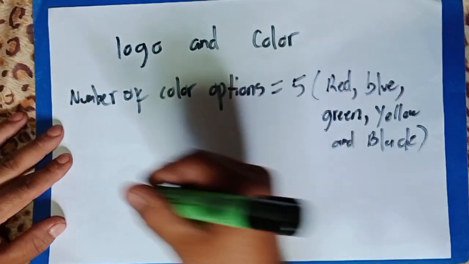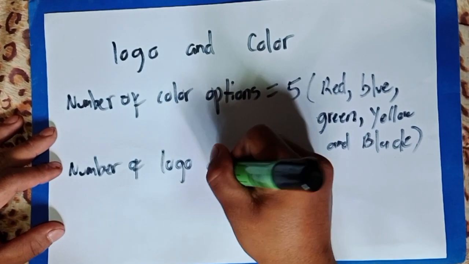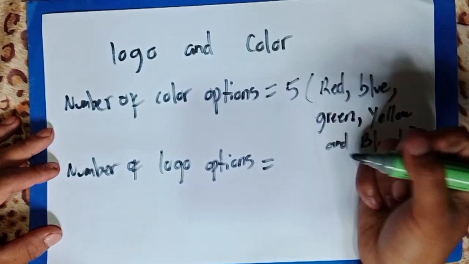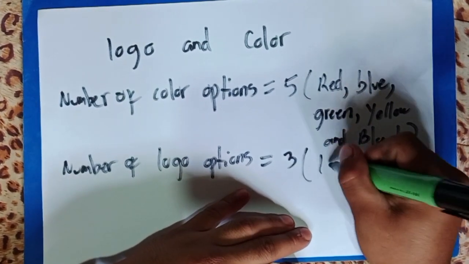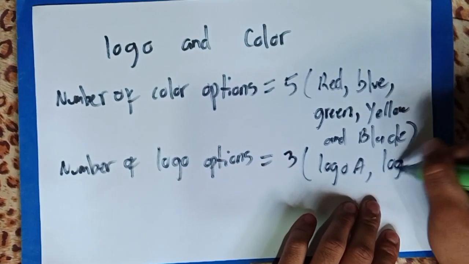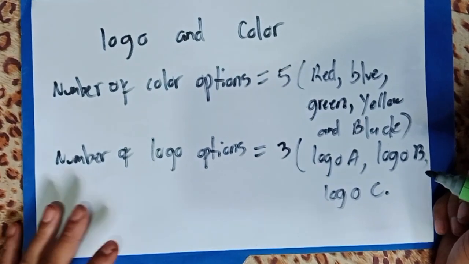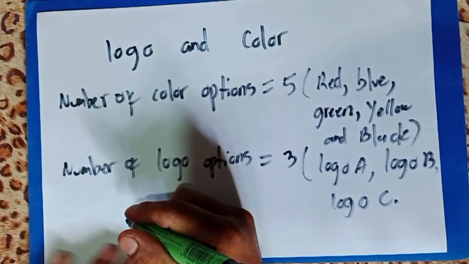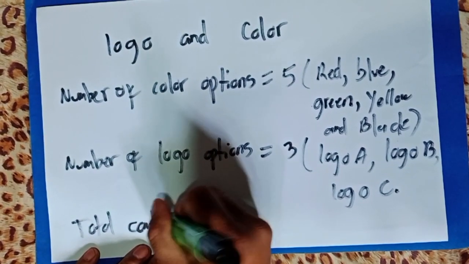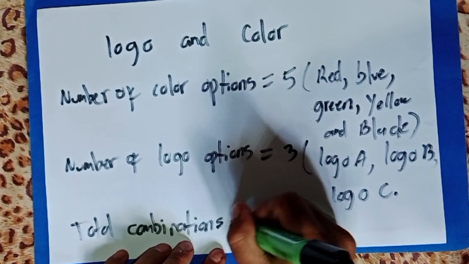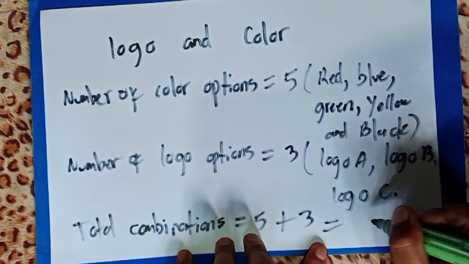Then the number of logo options equals 3 logos: logo A, logo B, and logo C. So the total number of different combinations, we add them. It equals 5 for colors plus 3 for logos, which equals 8.